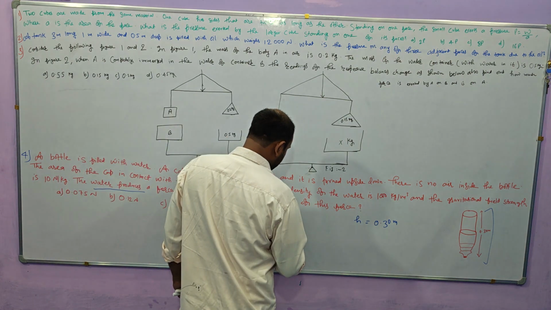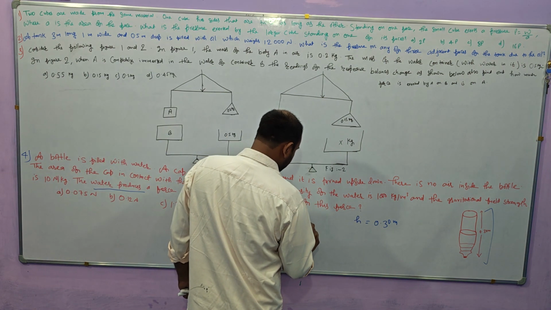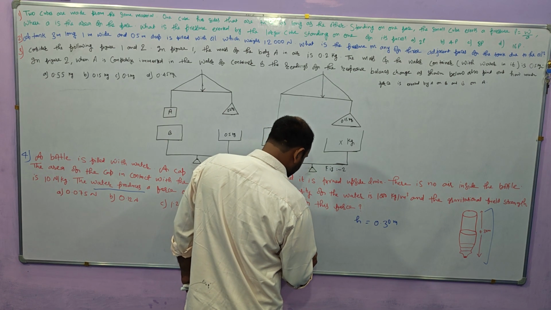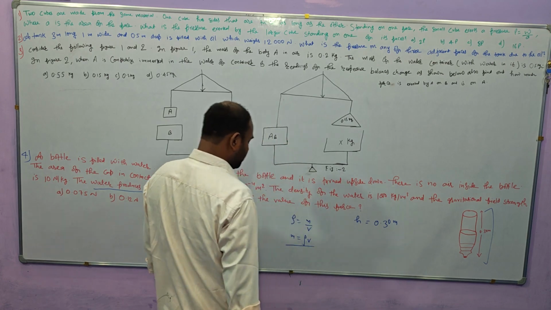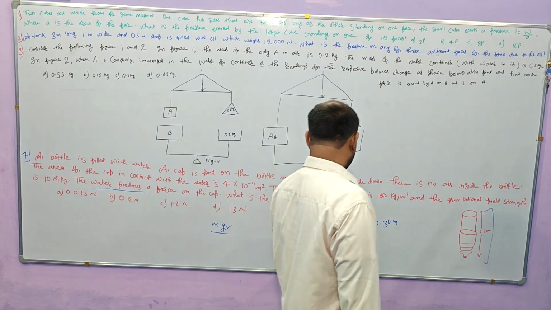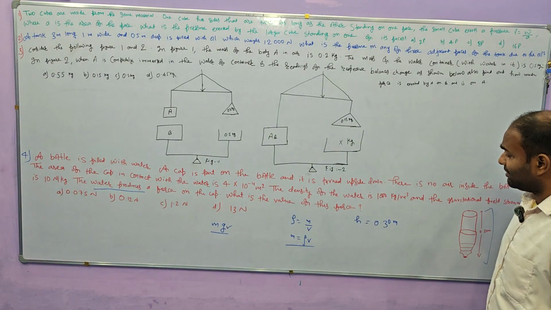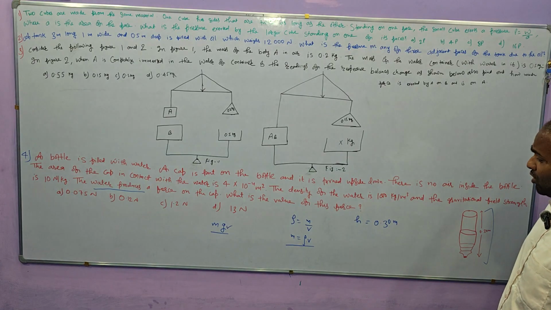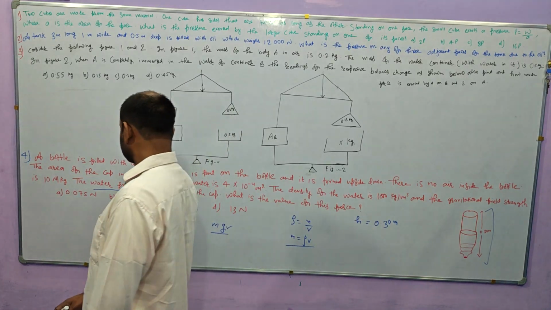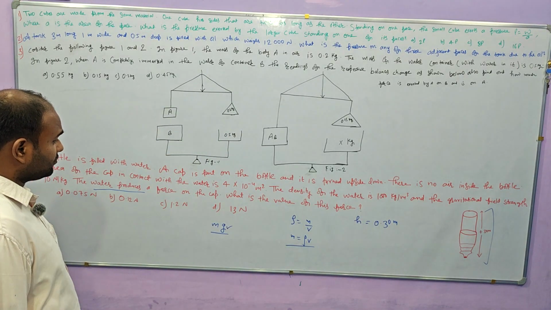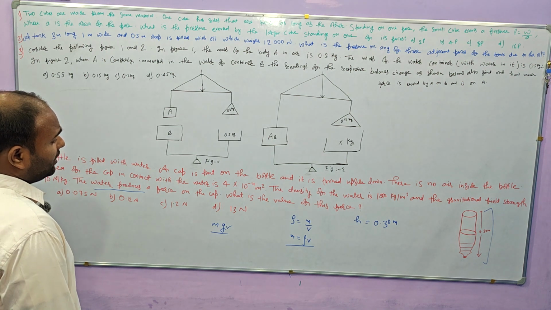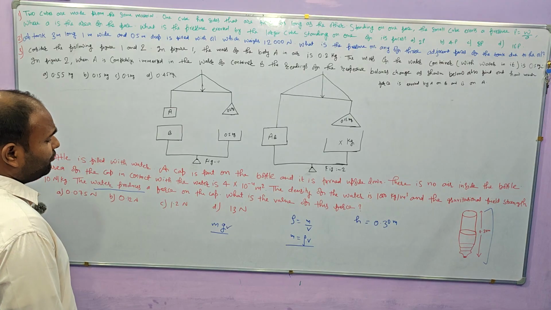So we can find out rho is equal to mass upon volume. So m becomes rho into v, where rho is density and v is volume. Volume of what? Volume of water.